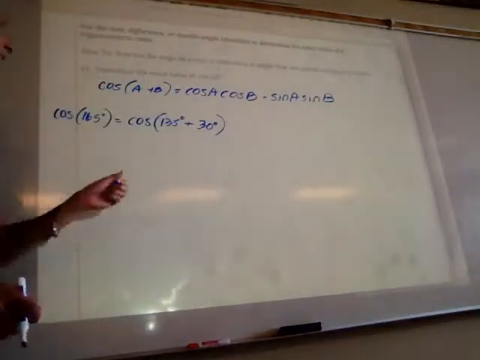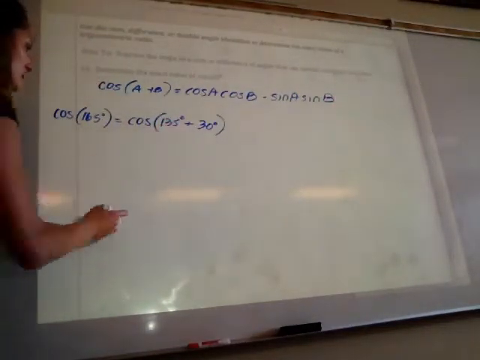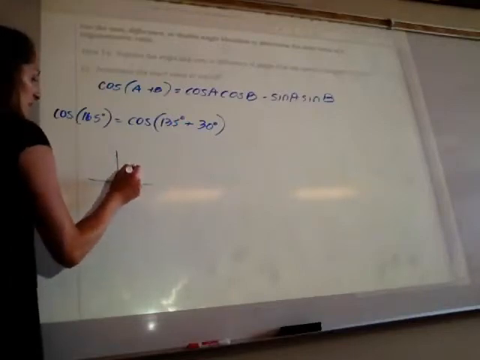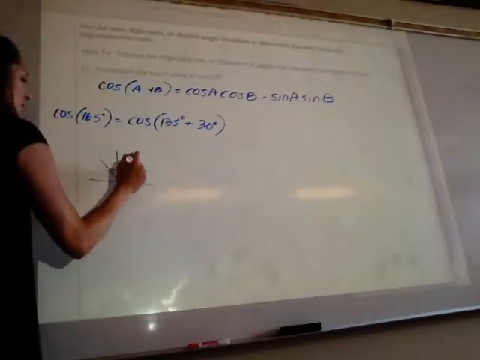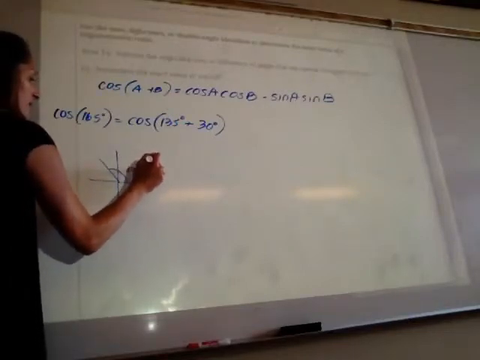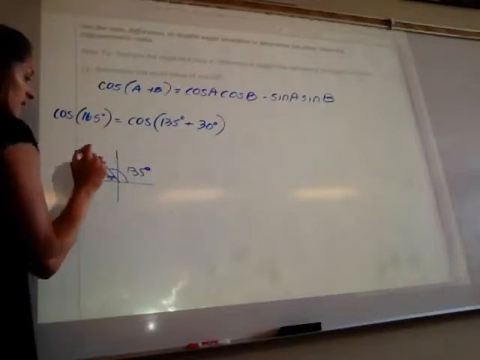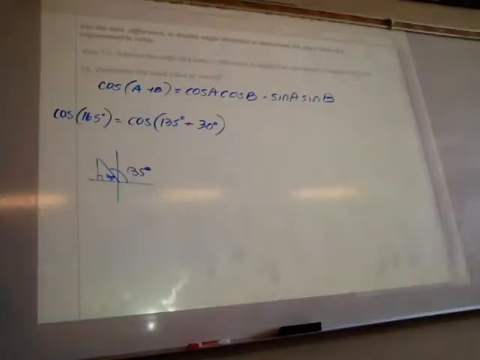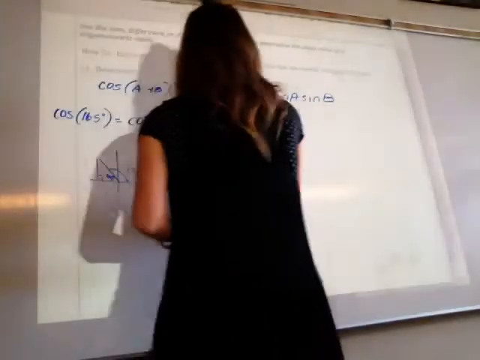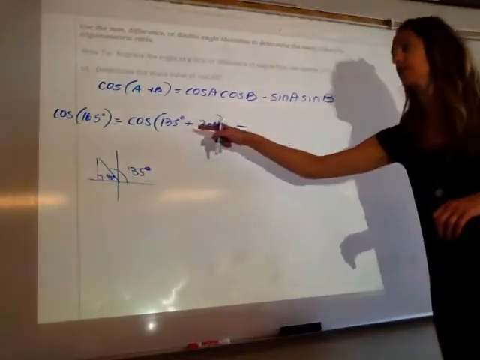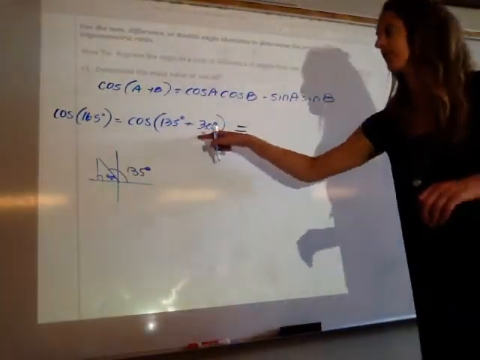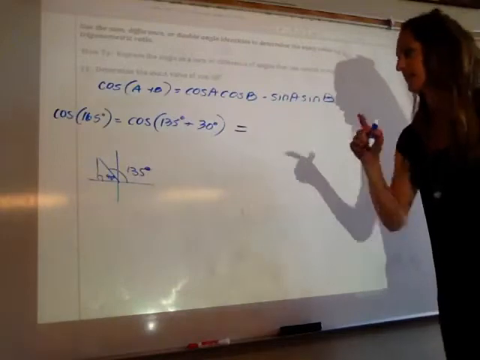Okay, and the reason why I knew 135 as well was a special triangle, because when I apply the 135 degrees, I'm left with a 45 degree special triangle. Okay, very important. You need to use special triangles, or special angles, when you're expanding the sum or difference identities.